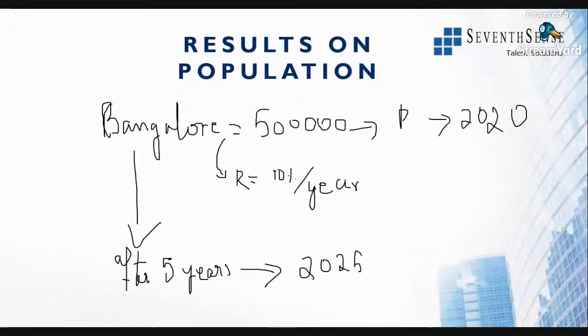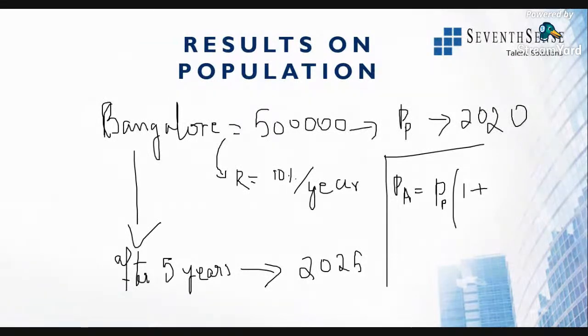For this, we have one particular formula. Population after n years, PA, is equal to PP, that is the present population, into 1 plus R by 100, whole power n.